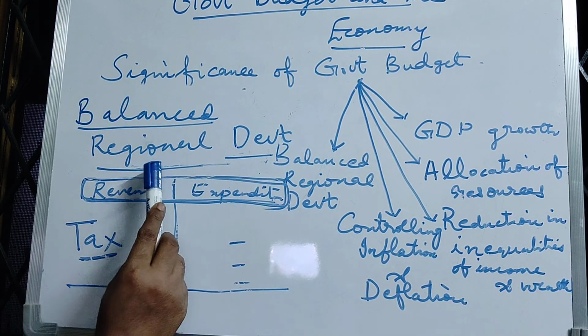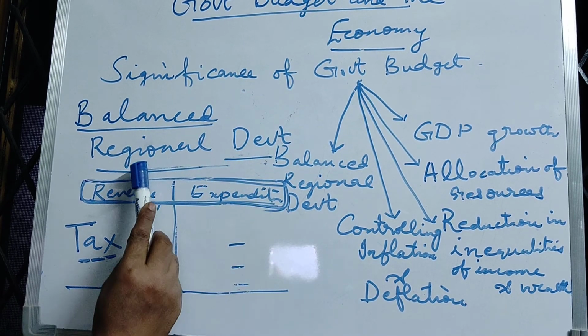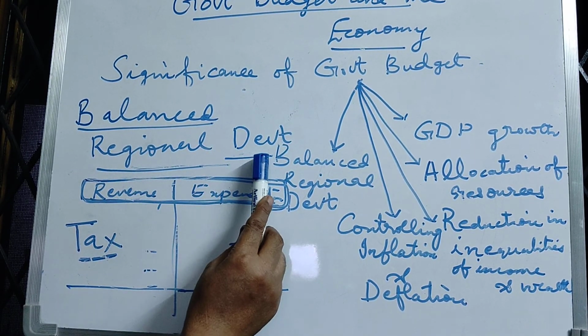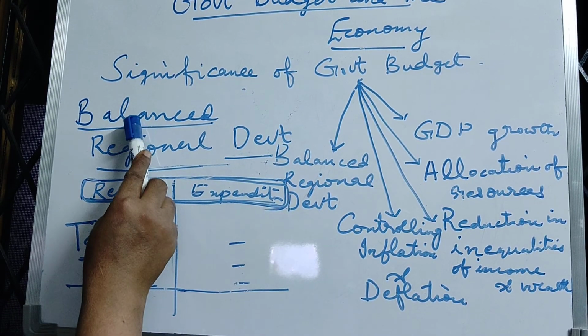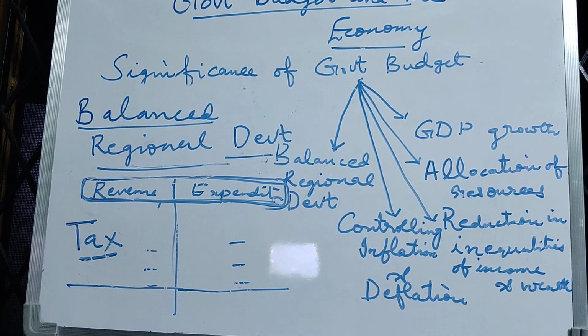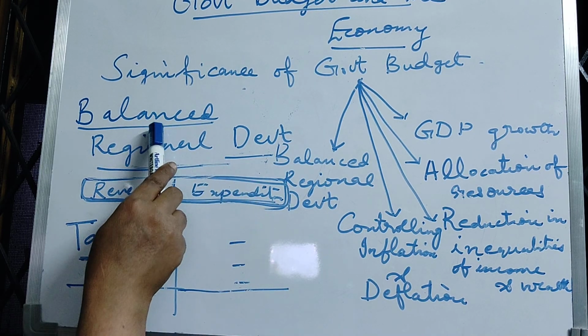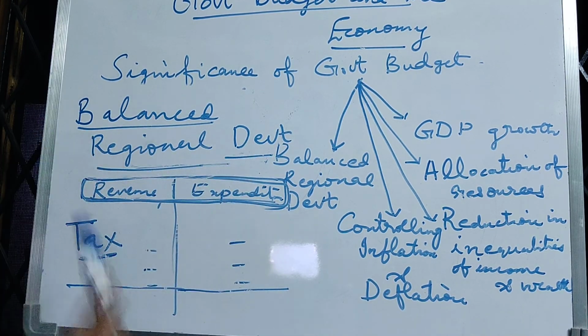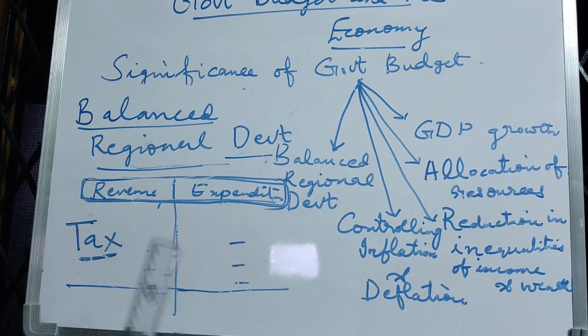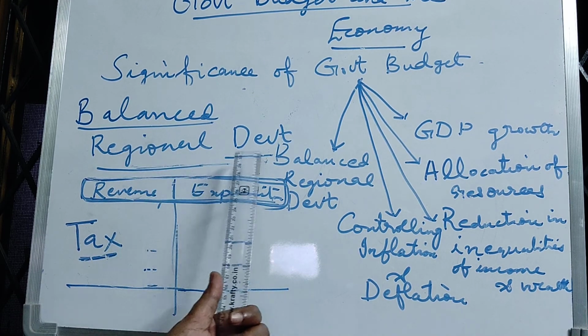Regional development means development of different regions. Balanced means equal. Equal development of all the regions of the economy. That is what balanced regional development means.